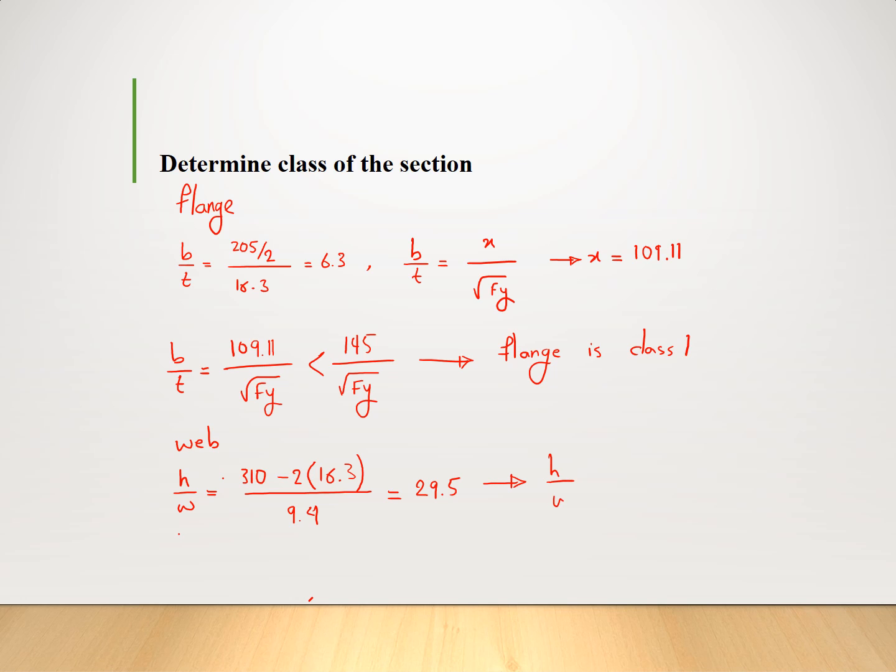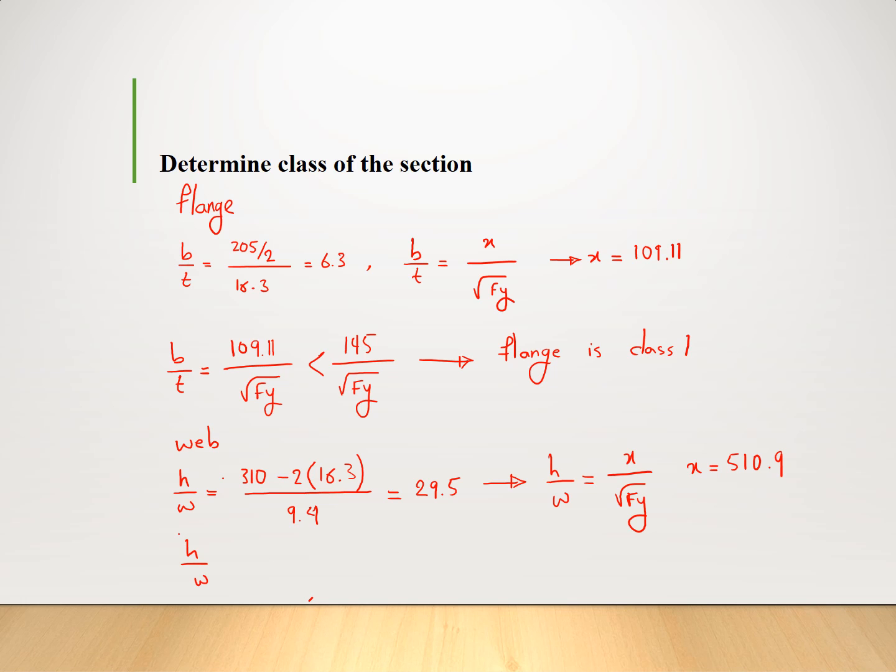Therefore, H over W is equal to X over square root of Fy, and we can understand that X is 510.9.